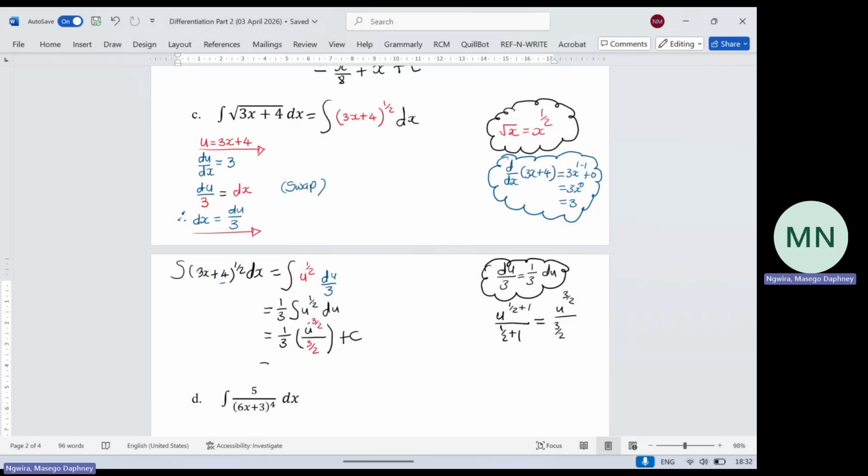And then now, if you divide 1 by 3 over 2, it is going to be 2 over 3. Okay, that's what I did. Let me write it here. When you divide, 1 over 3 over 2 is going to give you 2 over 3.